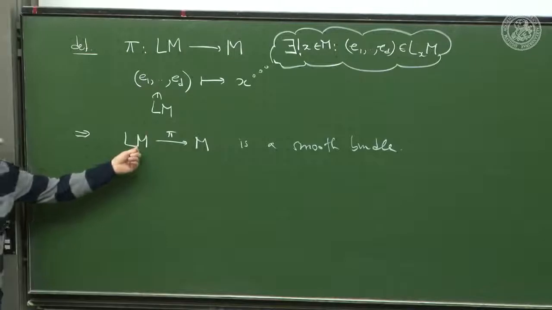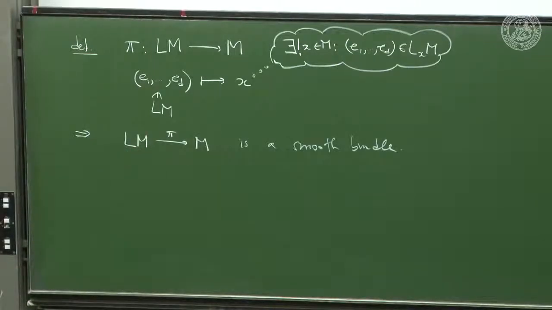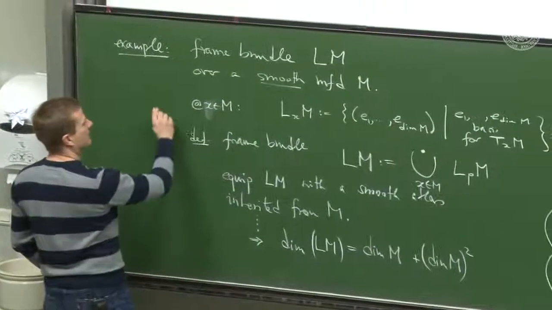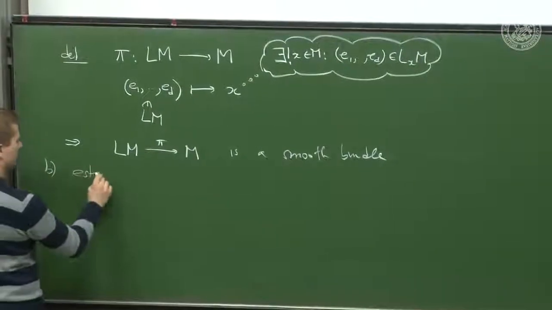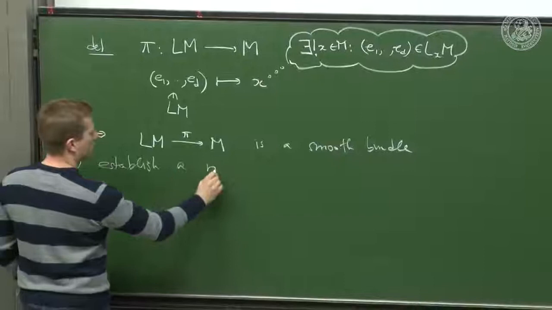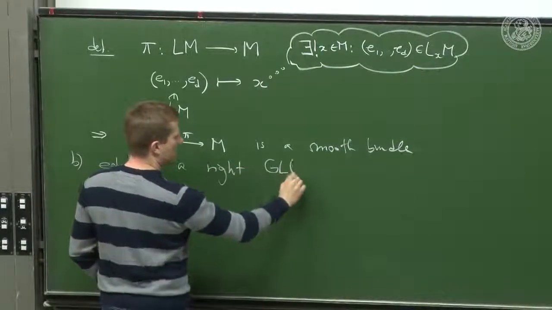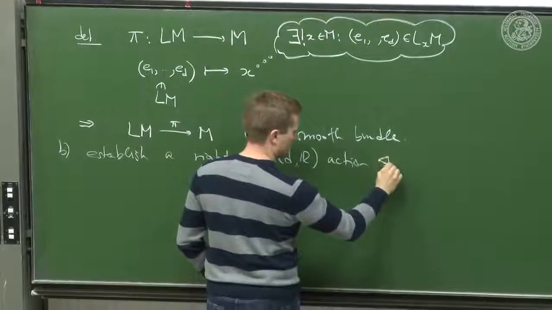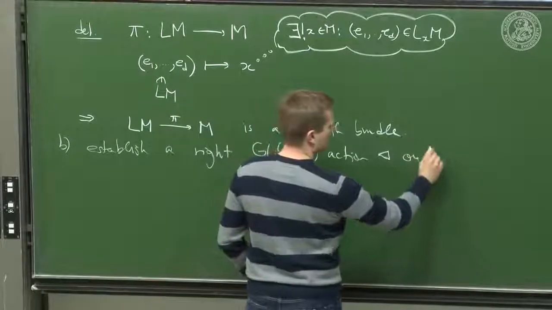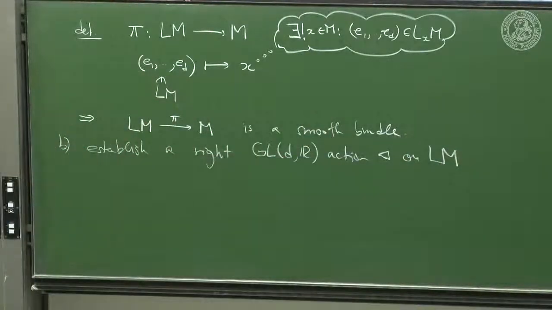Now we want to see whether we can make this frame bundle into a principal G bundle where the group G is exactly this GL. So second, maybe we start out here making this a bundle, A. Then B, we establish a right GL(D,R) action on the total space LM.